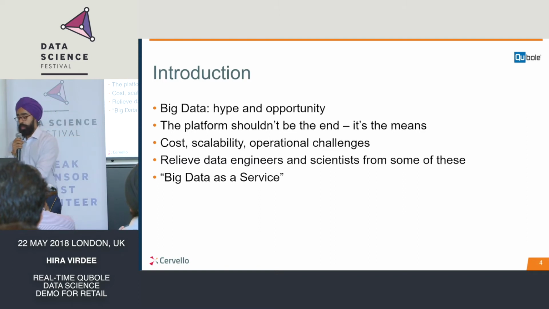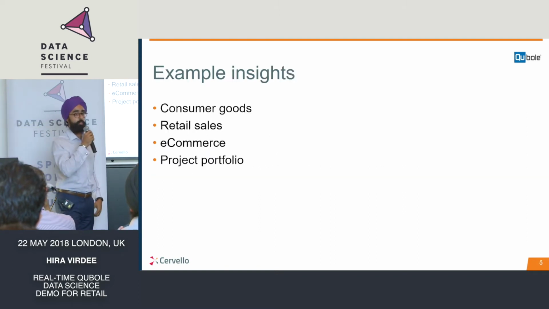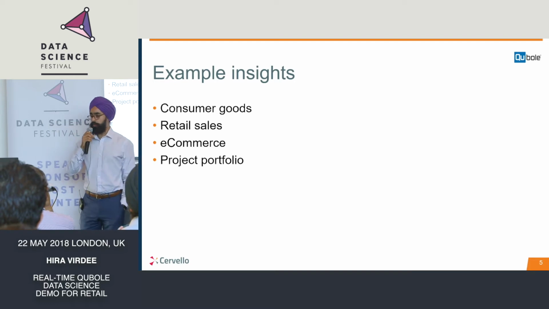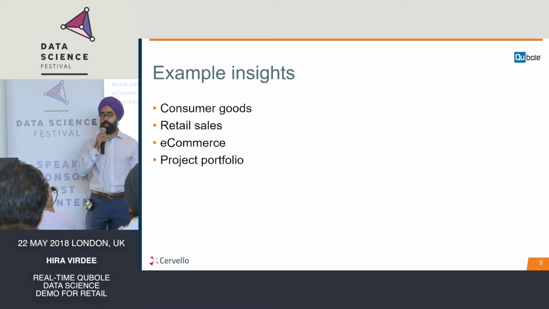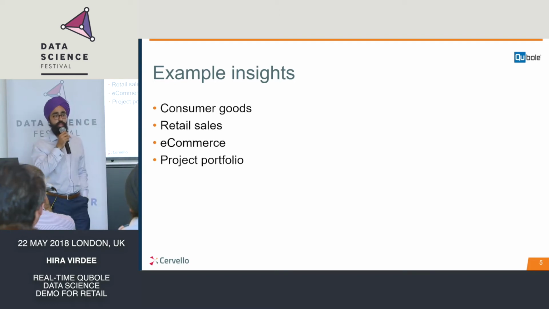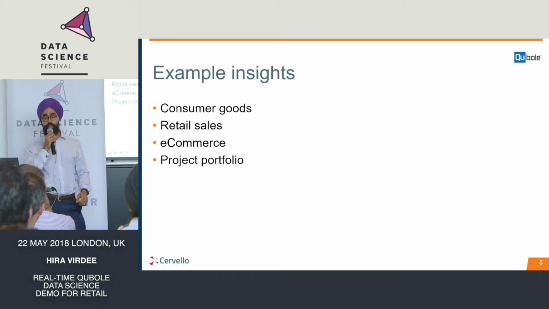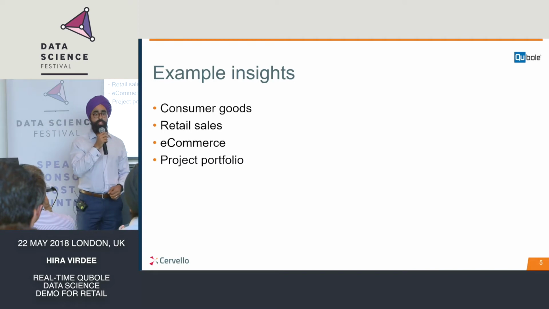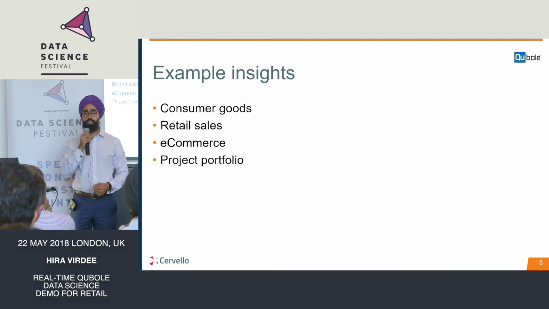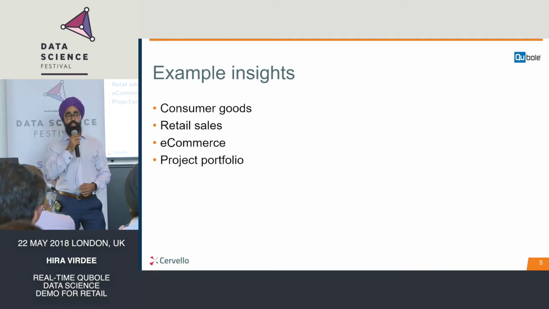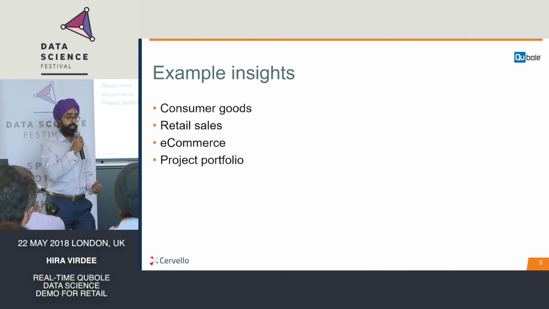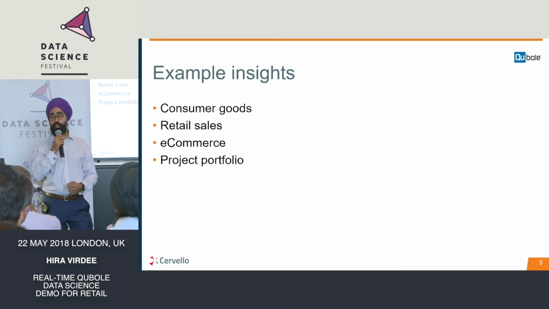So to give you a few example insights, I've got 4 examples up there. I think we'll focus on the first 2 because we are quite short on time. So consumer goods and retail sales. A couple of recent pieces of work. So for consumer goods, an example that I'd give there of a recent project where we've utilized these kind of platforms and a modern data architecture is in, for example, the sales of a particular type of consumer goods.